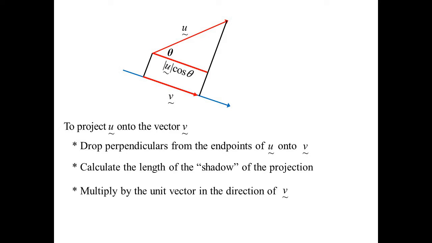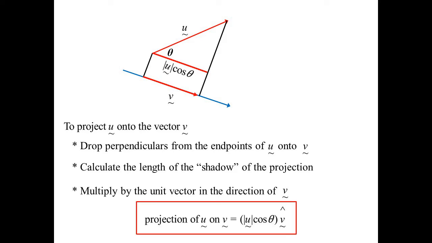We now need to tell it which direction it's going in. So we'd have to multiply it by the unit vector in the direction of v, because if I multiplied it just by v, that would change the length. Well, we can put that into a formula. If I want to project u onto v, we'd end up with magnitude of u cos theta times the unit vector v.